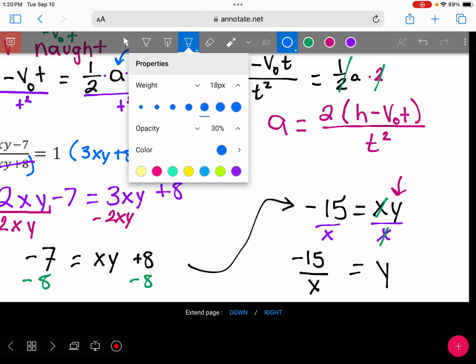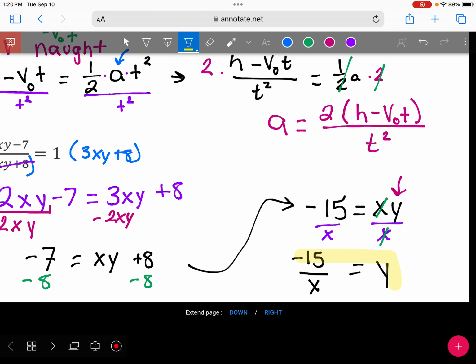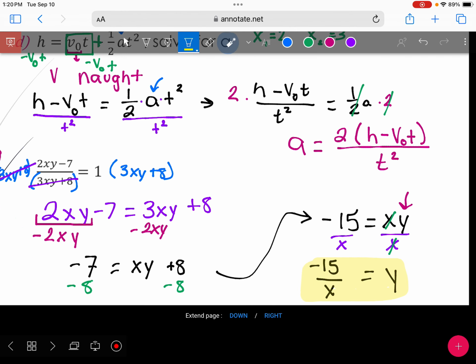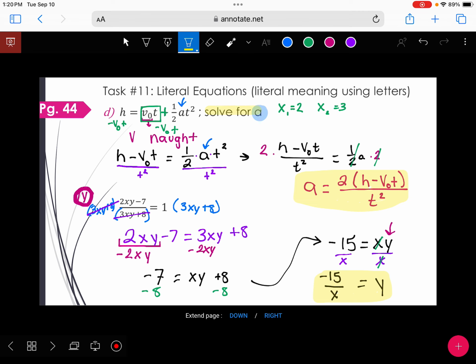And they're gross. Literal equations, meaning literally made of letters, like literature, look super duper gross when we're done. The way we can tell that we're done is if we have whatever we're being asked to solve for all by itself on one side. So I've got my a all by itself over here, so we finished solving for a. On this one, we had to solve for y, and my y is all by itself over here, so we're done.